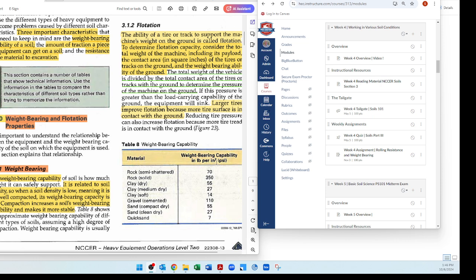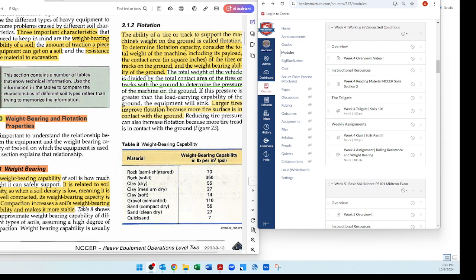So if you had something that had a surface area of 104 square inches, and it would hold up 70 pounds, what would that be? To find that, you would take 70 pounds and divide it by 104 square inches. So that would give you the PSI, the pounds per square inch.